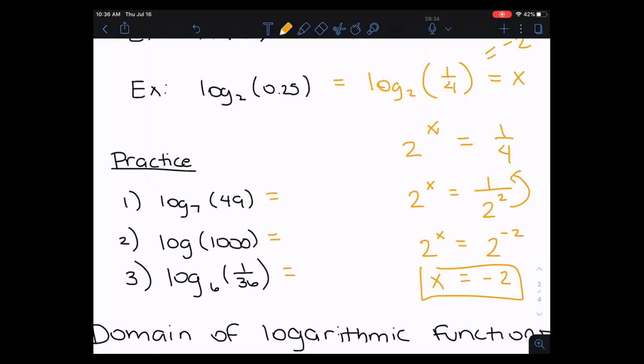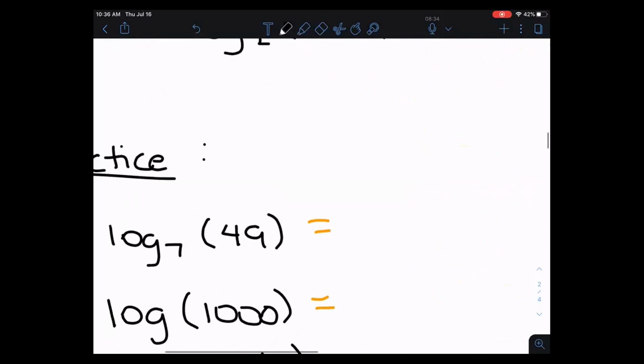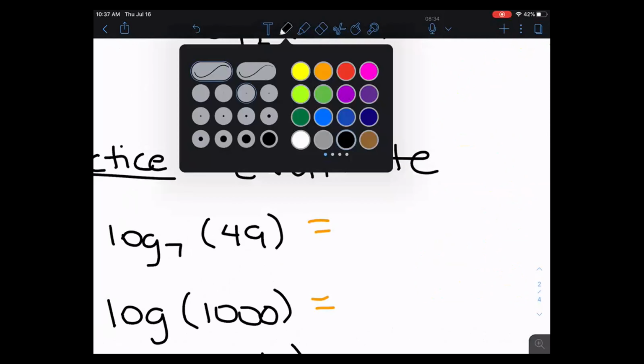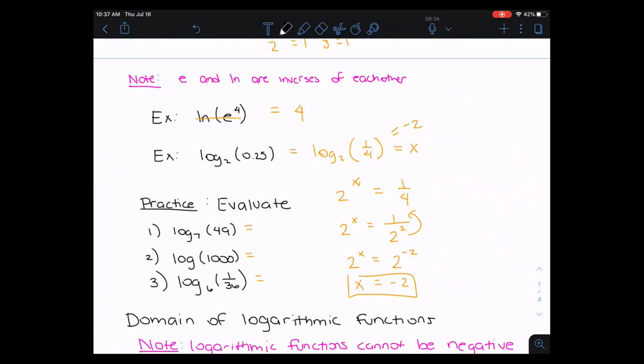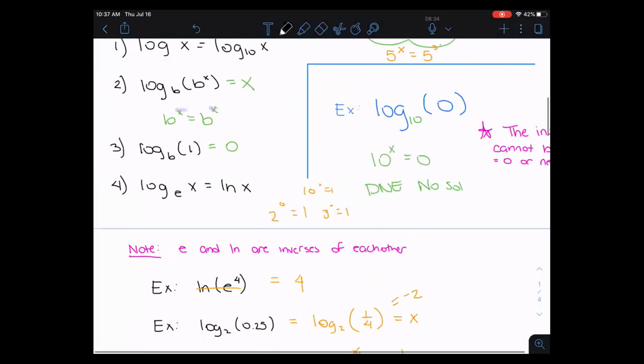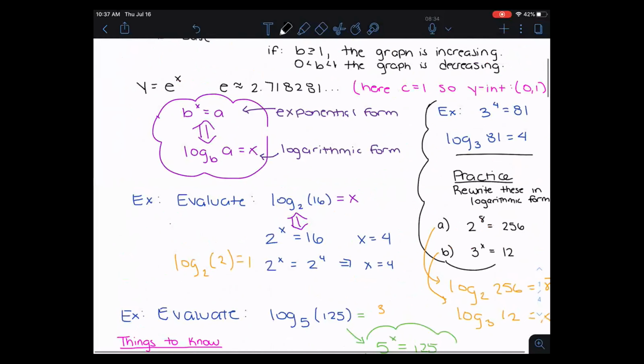So this should actually say evaluate. So you guys are evaluating these, and then you guys can use this change.